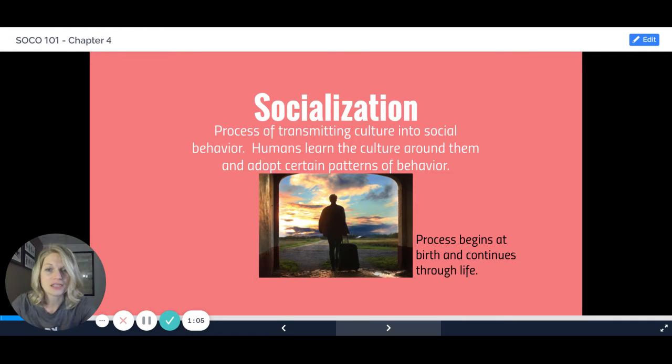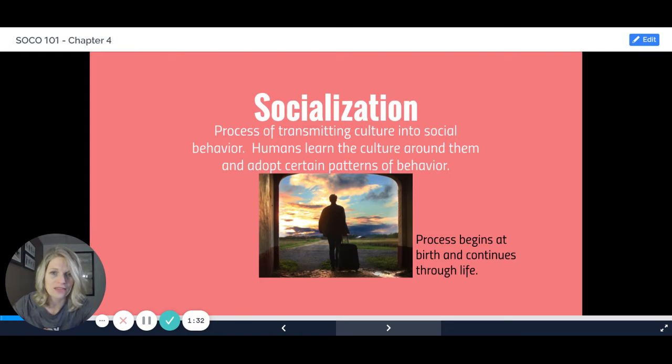So think about the symbols that you learn, the language, how to read, how to understand what time means, how to use a calculator, a calendar, how to go to school, how to do work, the process of going to college and meeting new people, how to conduct yourself when you go shopping. All of these things are learned throughout life.